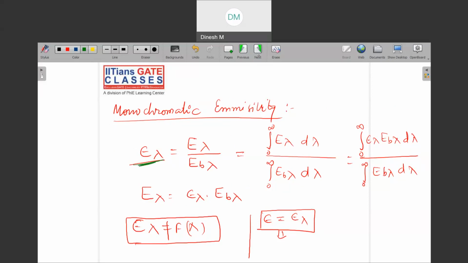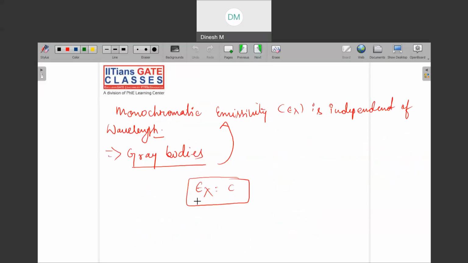But there are certain bodies in nature which do not emit differently with respect to wavelength, so those bodies are called gray bodies. So got the idea? There can be general bodies whose emissivity is a function of wavelength, but there are certain bodies for which emissivity is not a function of wavelength, and those bodies are called gray bodies. Okay.